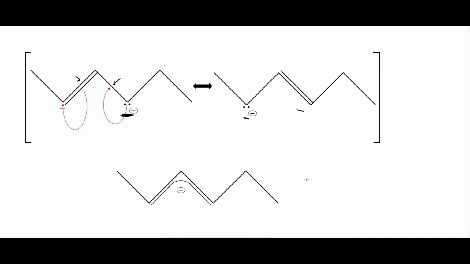That's what I'm trying to portray here, where we have partial double bond character right here, and this negative charge is spread between all of these three atoms here. We can see why this would happen: spreading this charge out between multiple different atoms helps to stabilize the charge on the molecule.